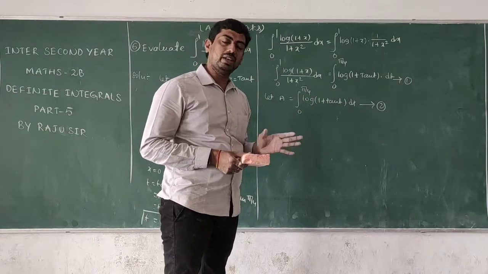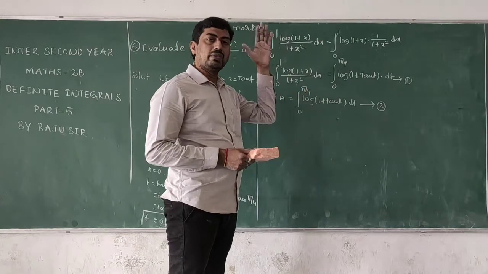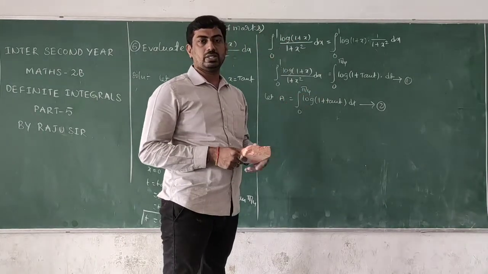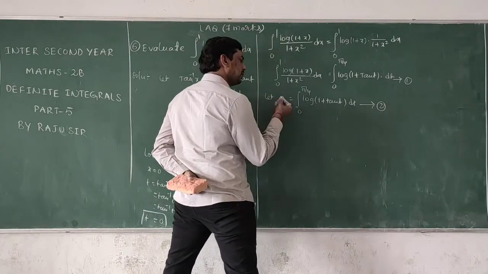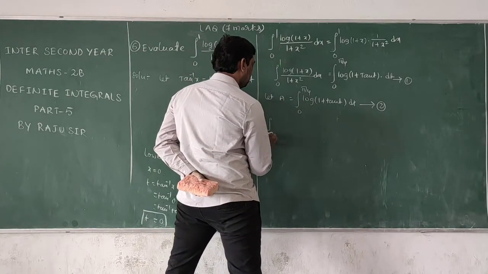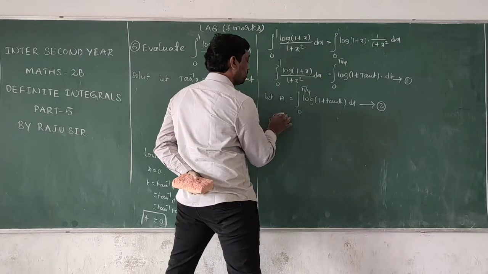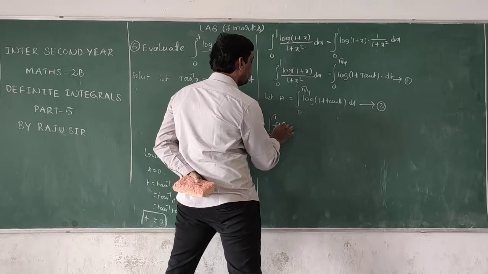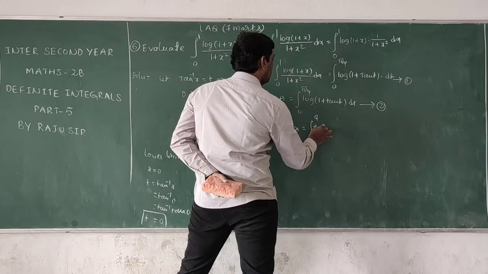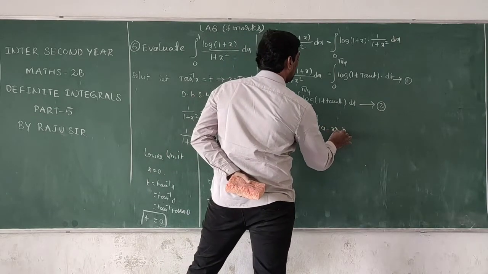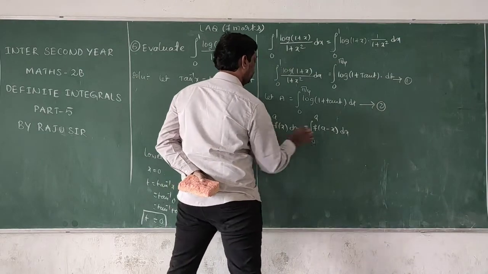If you are perfect in that problem, we can easily finish this one. The process is the same. Use the formula: integration 0 to a of f of x dx equals integration 0 to a of f of a minus x dx. We know this one.